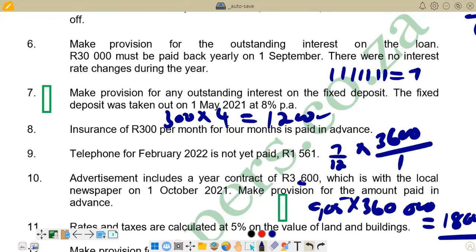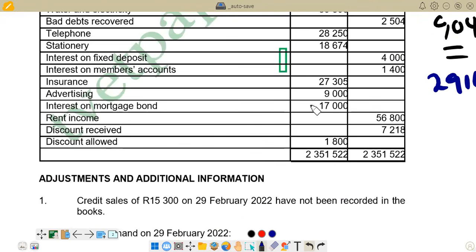Let's calculate that one. We say 7 over 12, then we multiply by 3,600. Then we get 2,100. This is the figure that we are going to subtract from the total figure for advertisement that we are given. So the figure for advertising that we are given is 9,000.